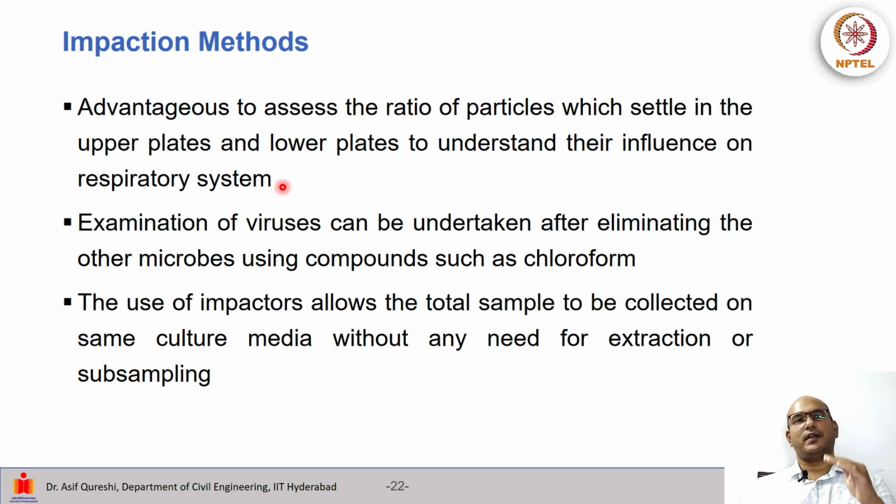So if we have more colonies or more detection in the lower sieve sizes, we know that this particular air is potentially more harmful in terms of causing respiratory health effects to us. So that's why these methods are advantageous, because they can tell us how many particles are in the upper plates, which are coarser, and how many are in the lower plates, which are finer.